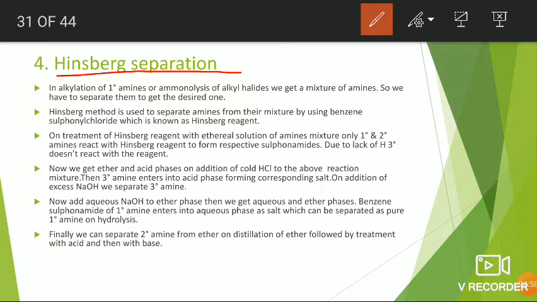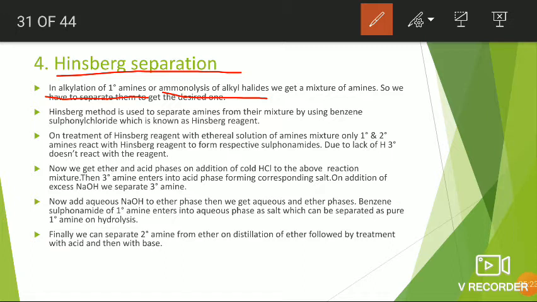Among them, the best one is the Hinsberg separation method. Here, the Hinsberg separation method is generally used to separate amines from their mixture. The amine mixture is generally obtained on alkylation of primary amines or ammonolysis of alkyl halides.